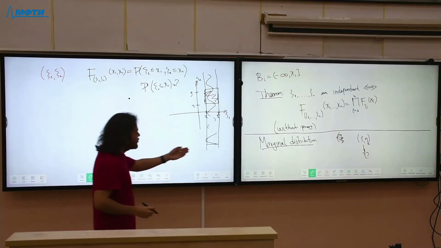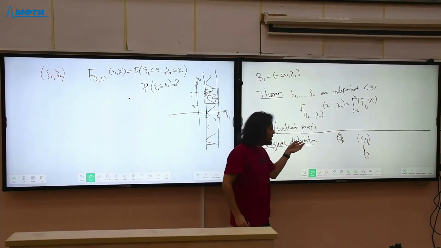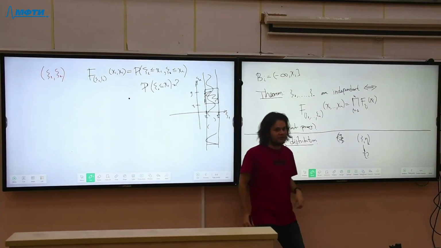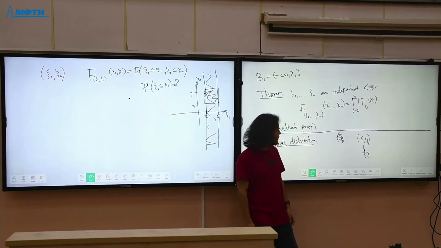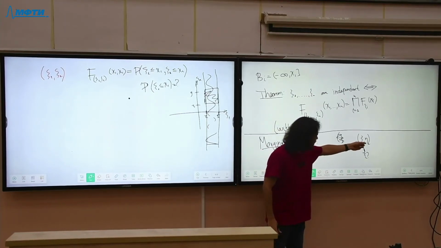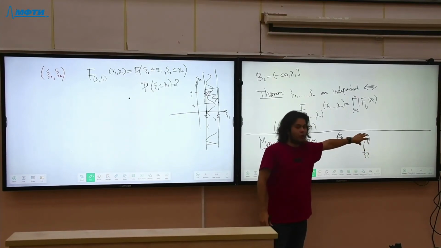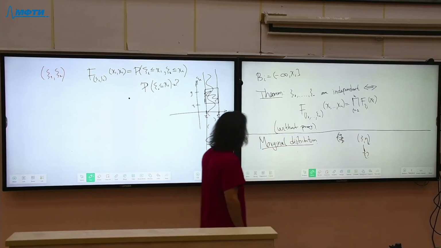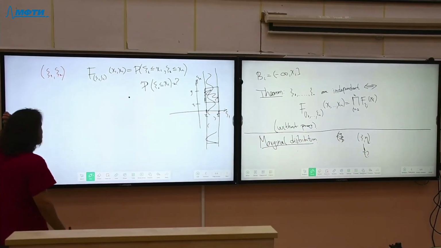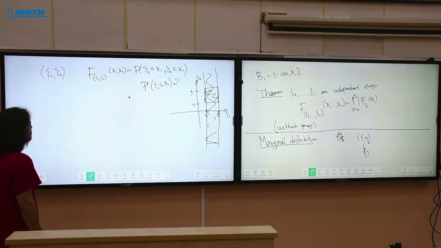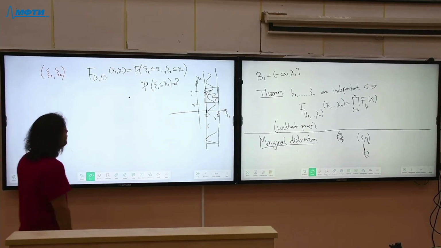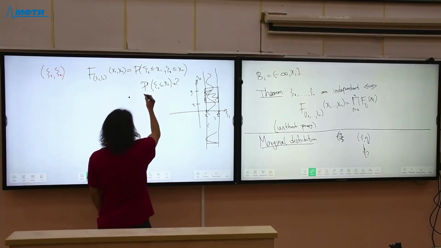So, we call a marginal distribution a distribution that we got from some vector. If we are given this vector (psi, eta), then the distribution of psi that we obtain from here, we call the marginal distribution of psi. So we have to change this if we want to find this, right?